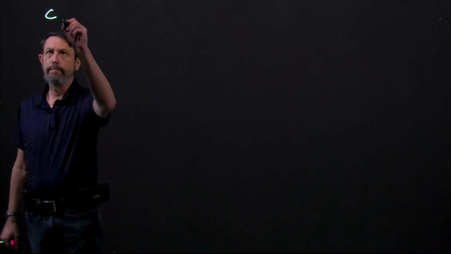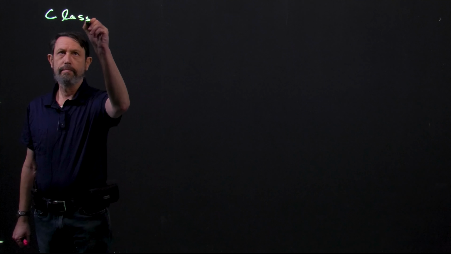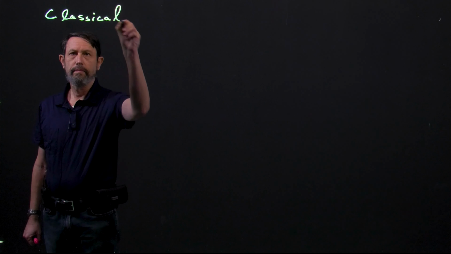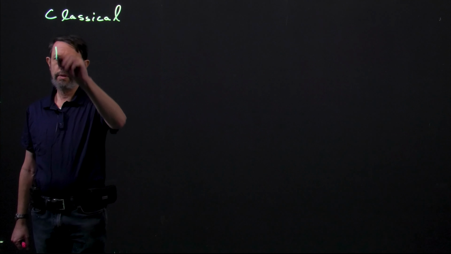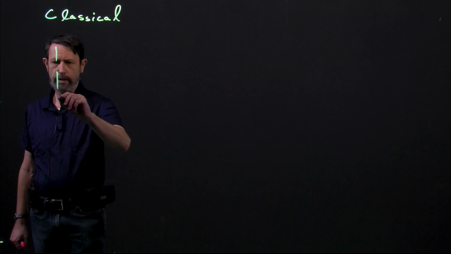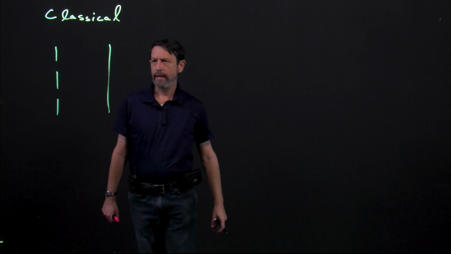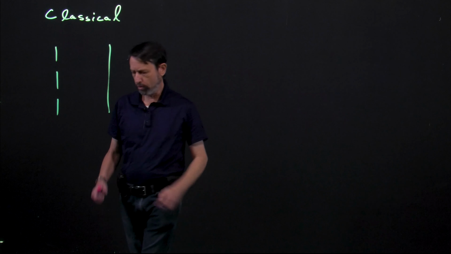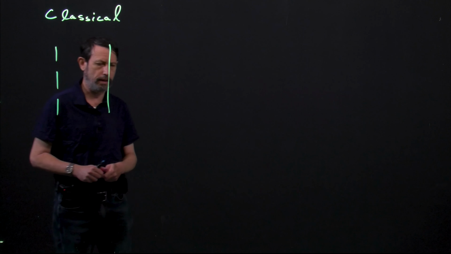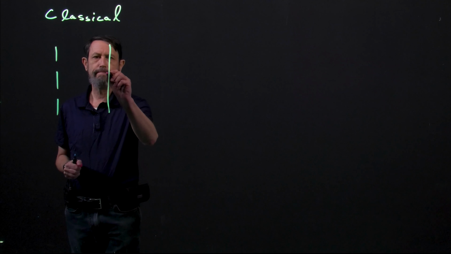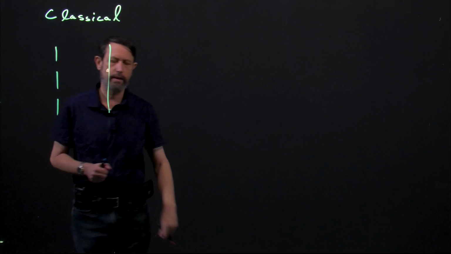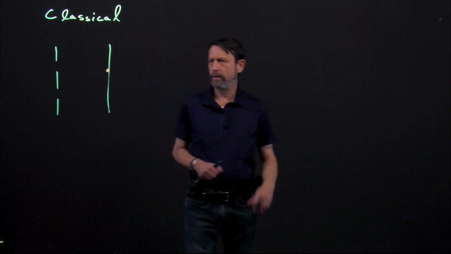Let's say that we are considering this experiment from the classical point of view. We have our two slits. We have our screen, and we release a particle, and what is seen in the measurement is a point where this electron hit.